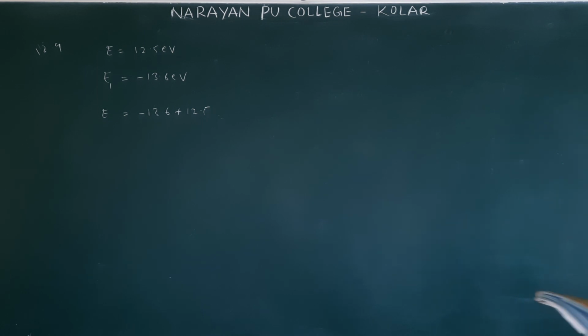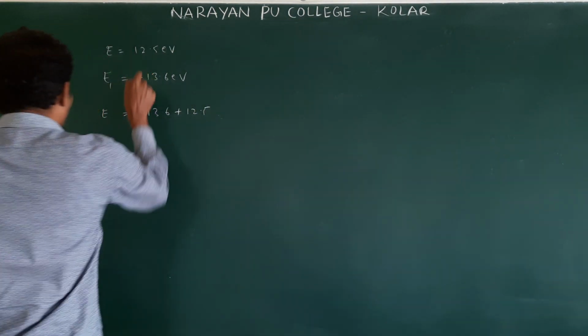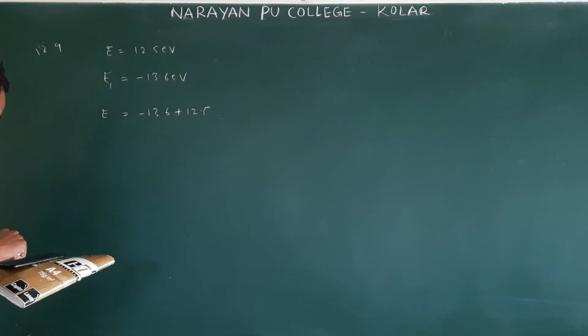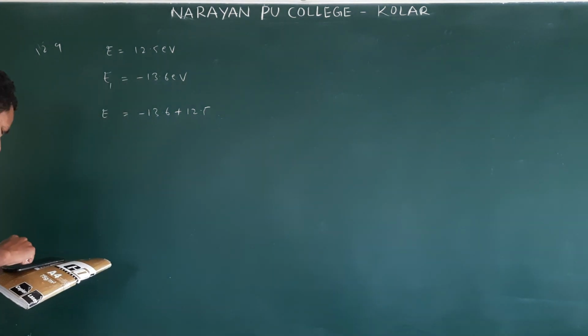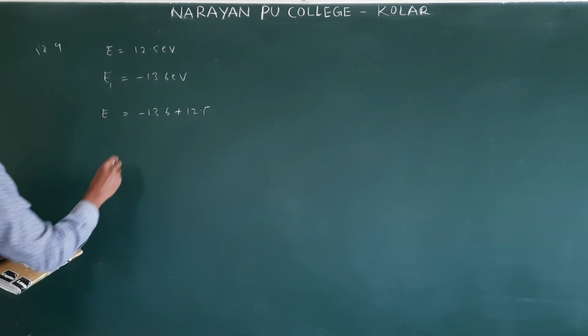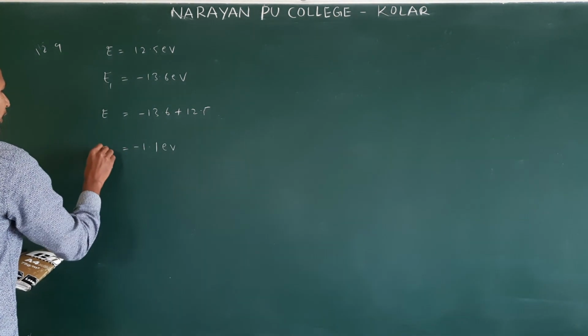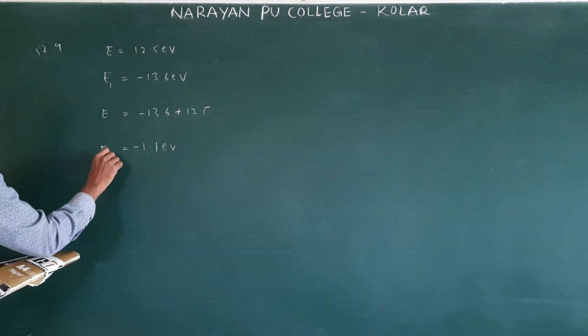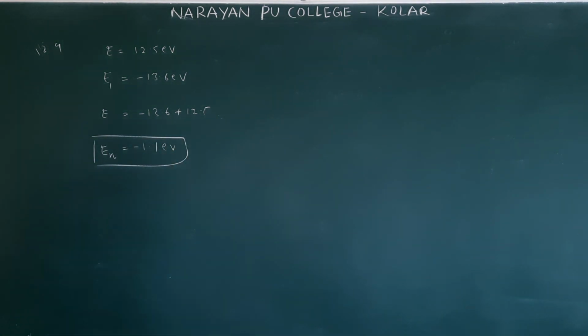We are giving some amount of energy, that is 12.5, and it absorbs. The ground state electron energy is minus 13.6, so we are adding 12.5. So it will be minus 1.1 eV. This is the new energy. Now which state has this 1.1 energy? Already we calculated the energy levels.